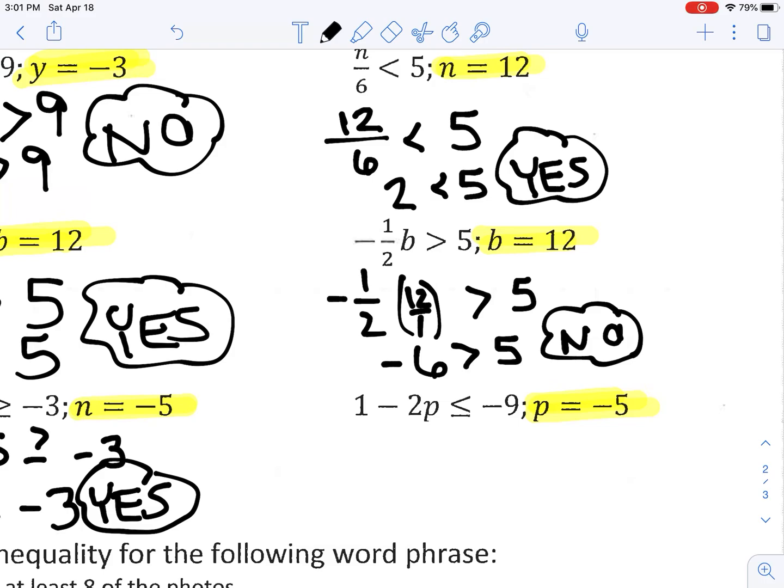Last one. Is 1 minus 2 times p less than or equal to -9 when p equals -5? Is 1 minus 2 times -5 less than or equal to -9? So now we're going to go to order of operations.